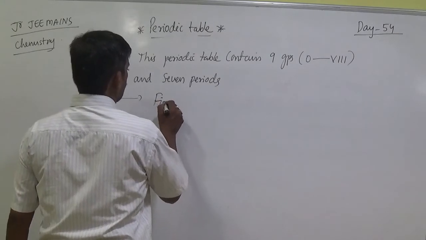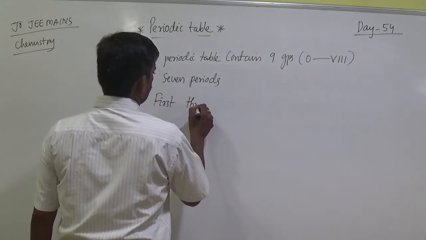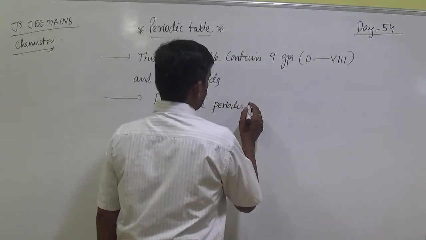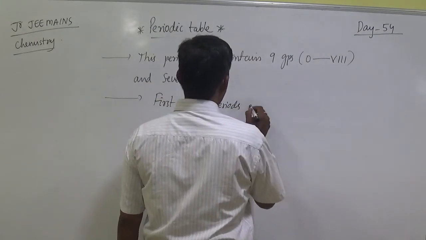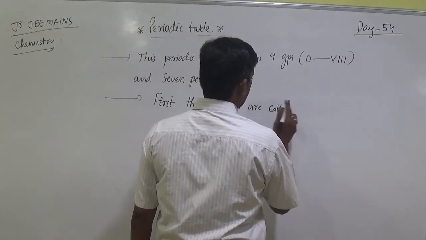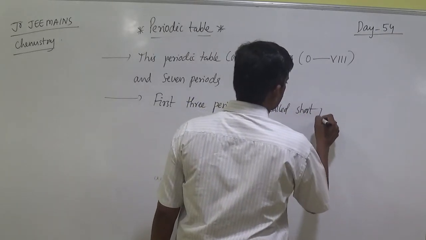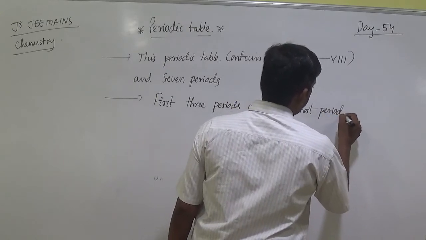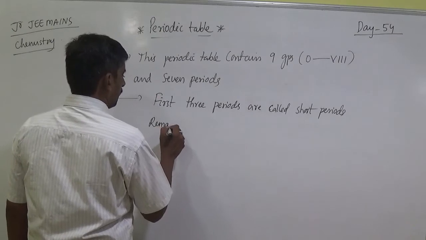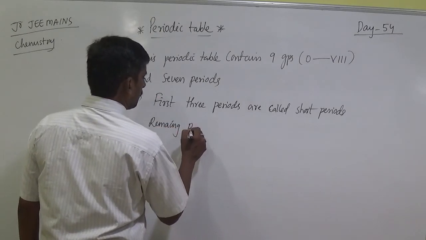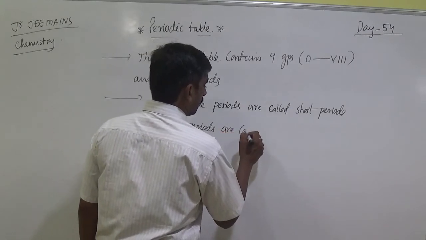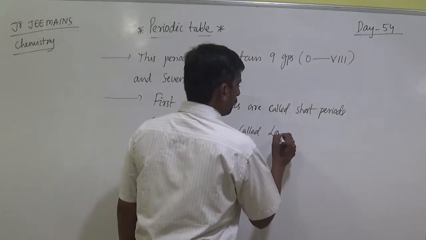The first 3 periods are called short periods. The remaining periods are called long periods.